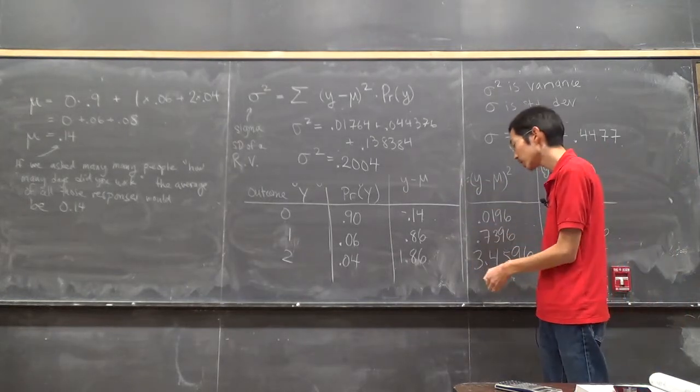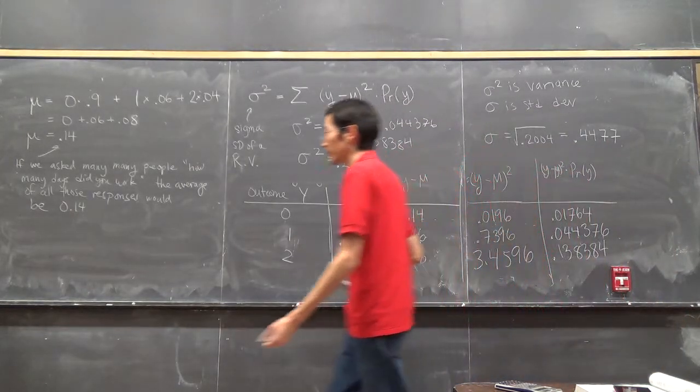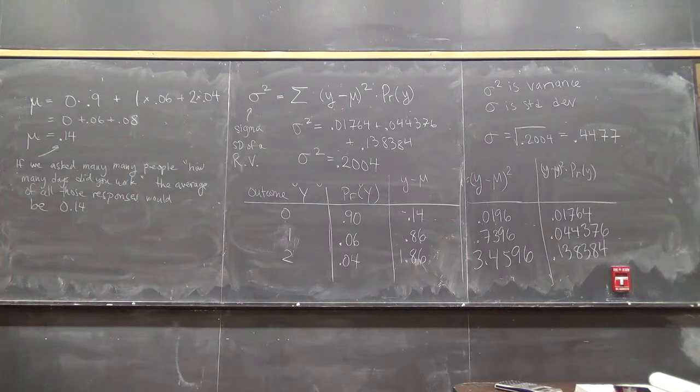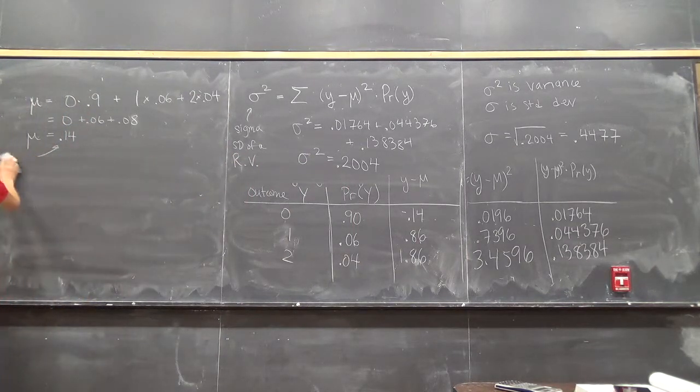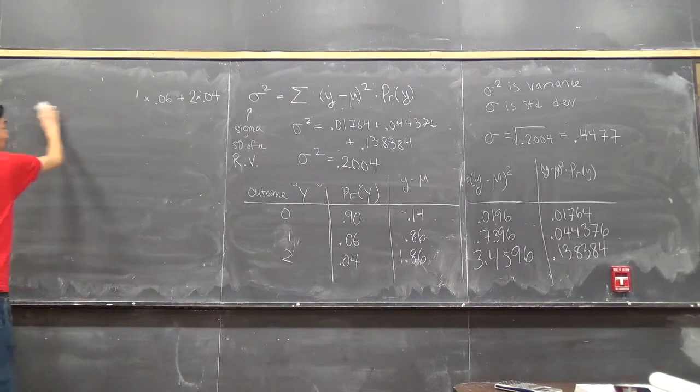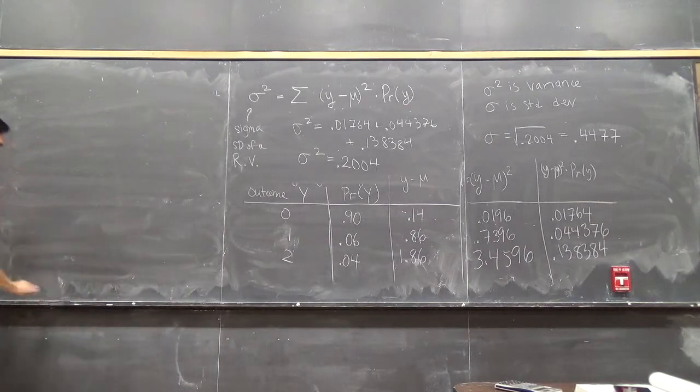We're not going to go through with this example. I feel like the example I used is an example of a random variable. If we pick a person at random and ask how many days of the week did you work, but maybe here's another example that might be easier to understand.